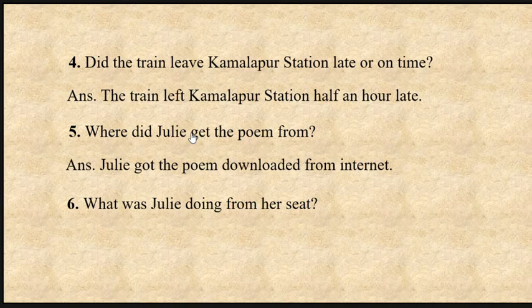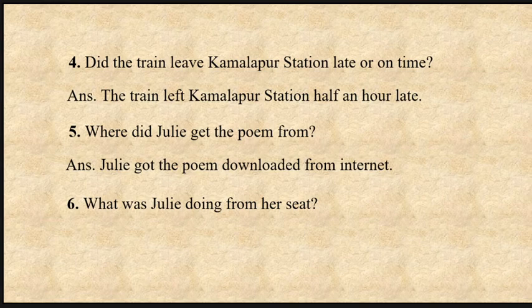Remember, if you see the word get, that means got, you have to write the past participle form of the verb after this. This is usual. Julie got the poem downloaded from the internet. I think all of you understand this.